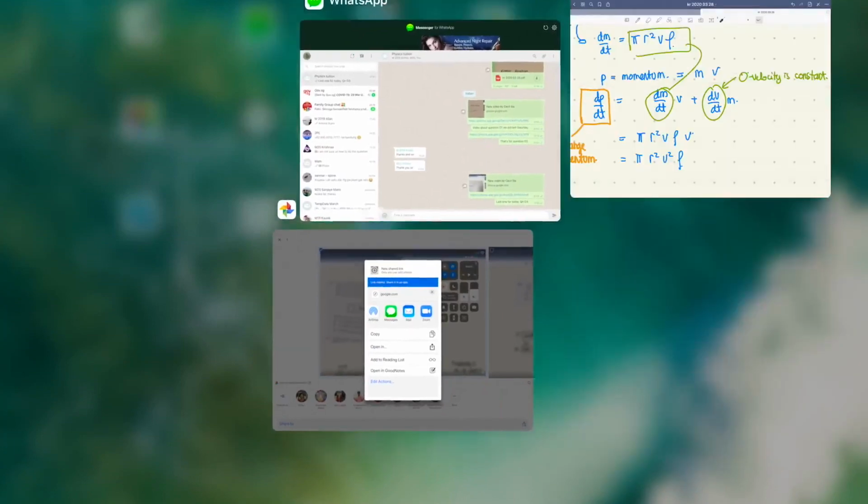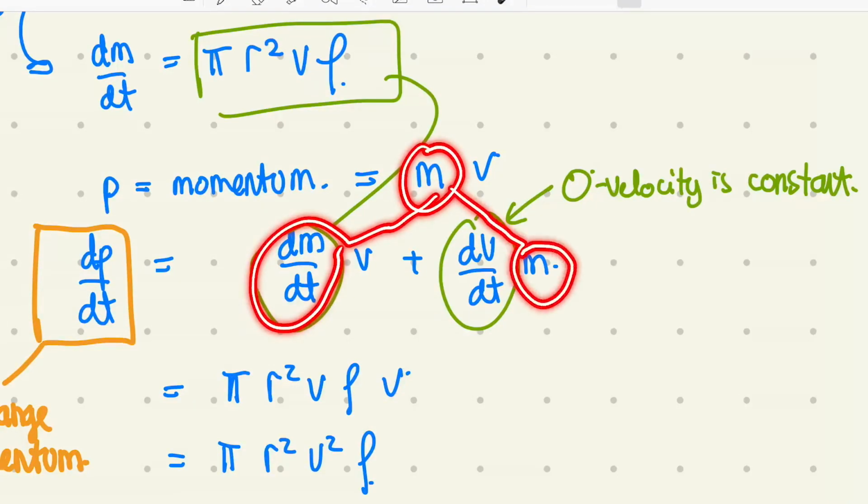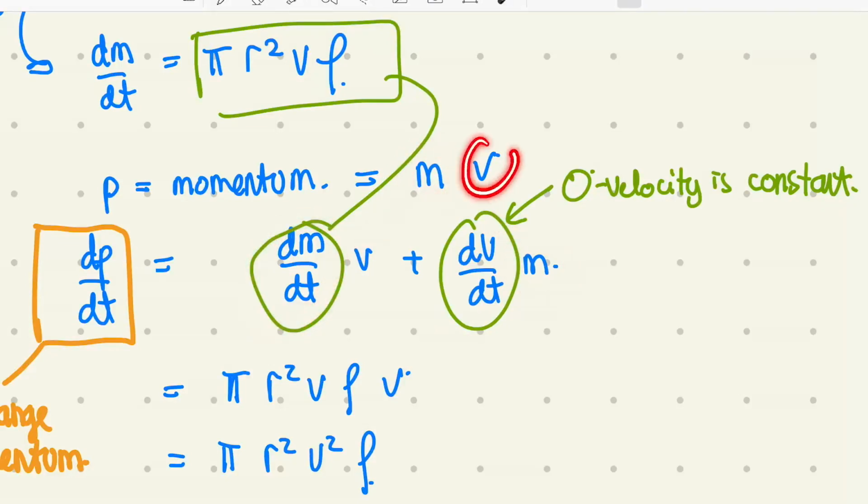How to apply the product rule? The mass, you differentiate in one term, then you keep it on another term. Velocity, you keep it on the first term and you differentiate on the second term.